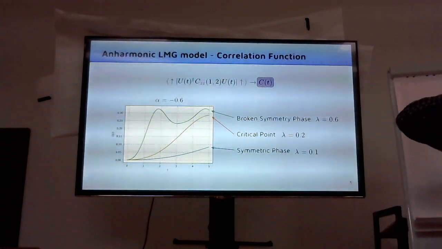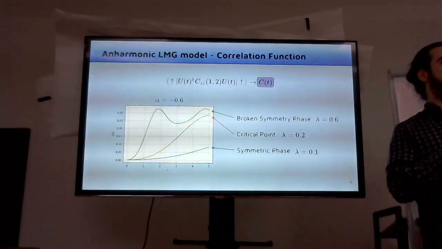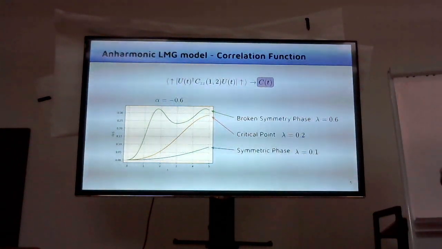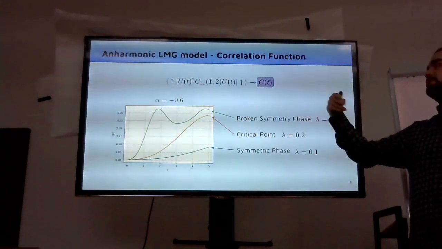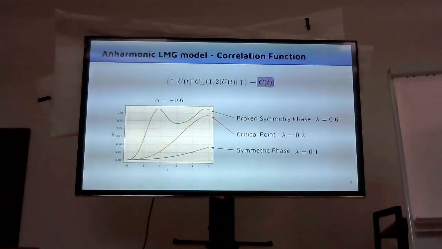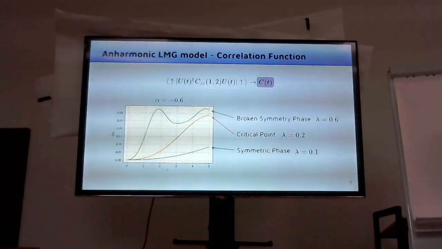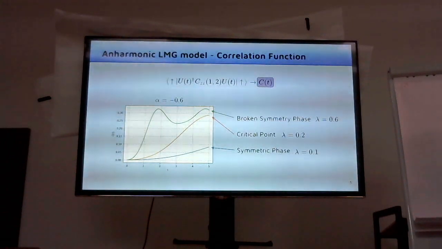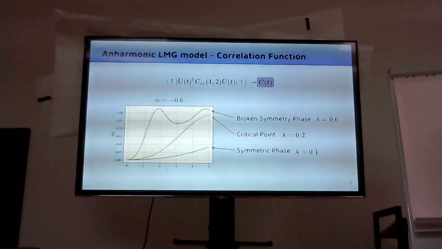When the phase transition happened, it became maximum. But in this case, that doesn't happen, and with different alphas, things start to become a little bit different. So how can we actually quantify those things easily? We cannot really do that.